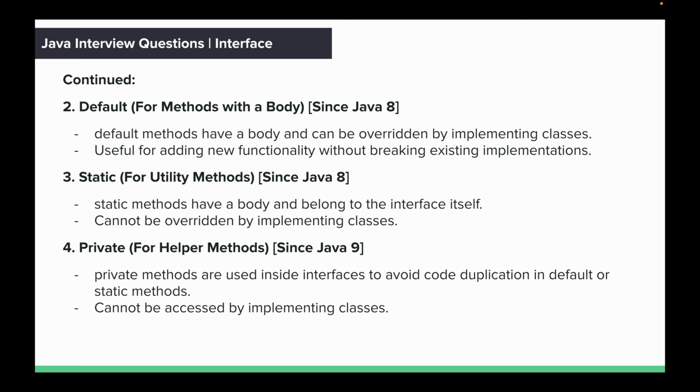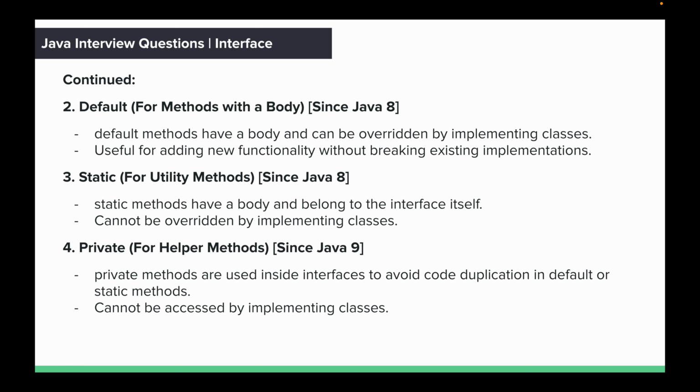On the other hand, we will also be having static methods. This feature also got added from Java 8 onwards. So static methods basically belong to the interface itself, and those static methods will not be overridden. We can give the body, but again we cannot change the body. And lastly, we will be having private methods.